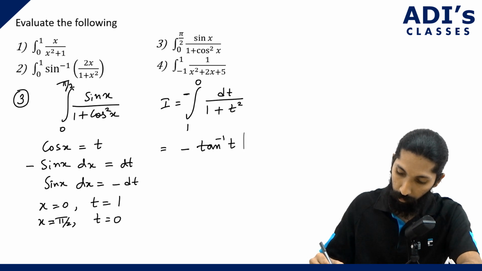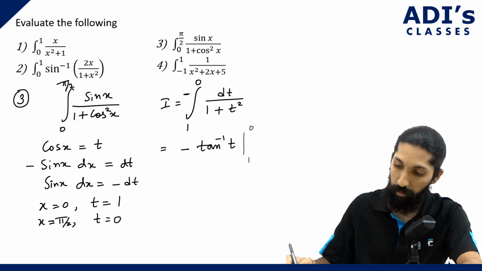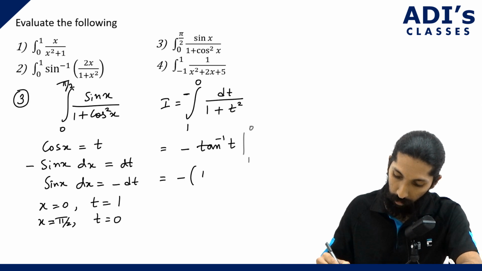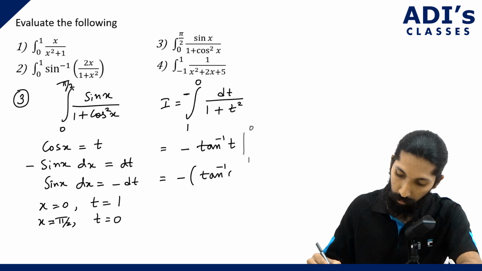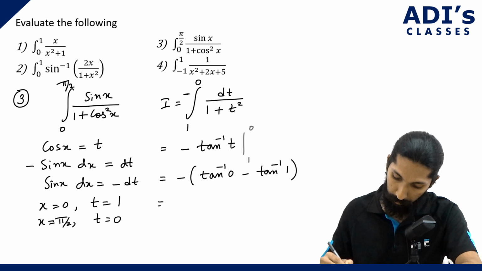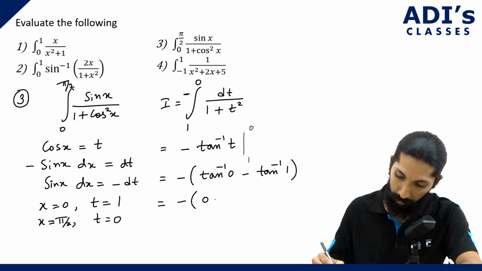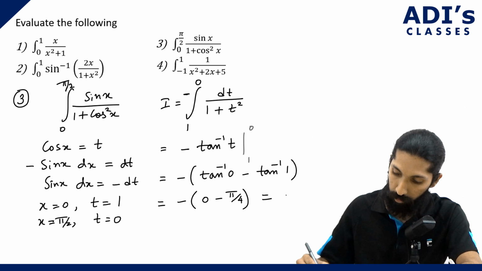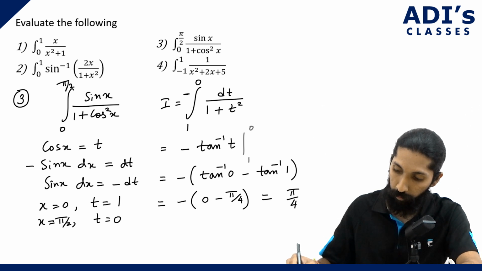Now limit 1 to 0, isn't it? This is going to be minus of tan inverse of 0 minus tan inverse of 1. So this is going to be minus of 0 minus pi by 4. See, minus of minus pi by 4. So answer is what? Just pi by 4.